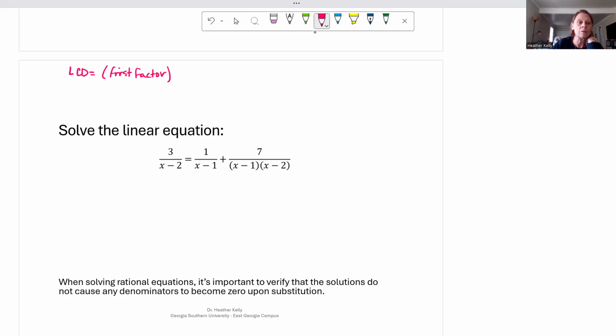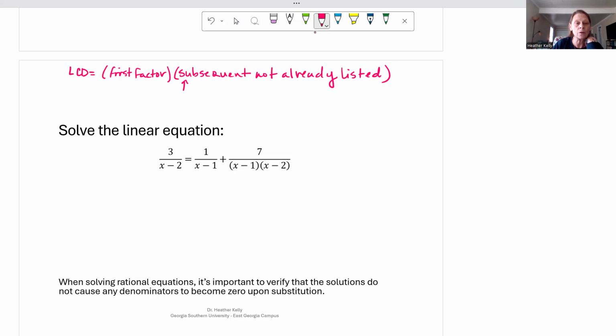Okay, and then we're going to do subsequent. That means the next one, right? Subsequent, not already listed. Okay, that's the idea.